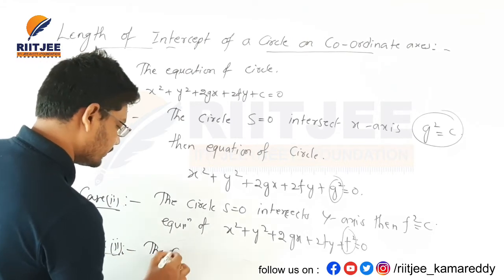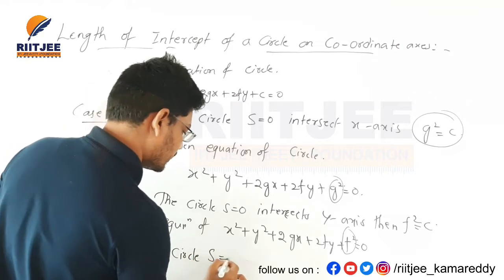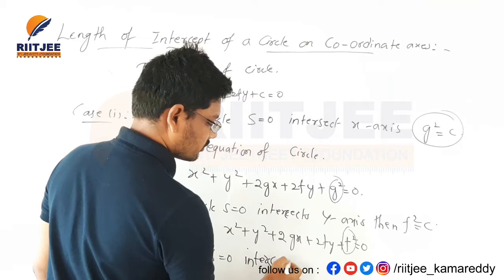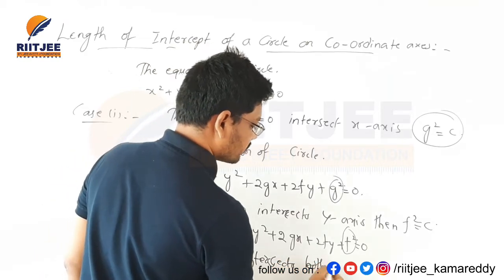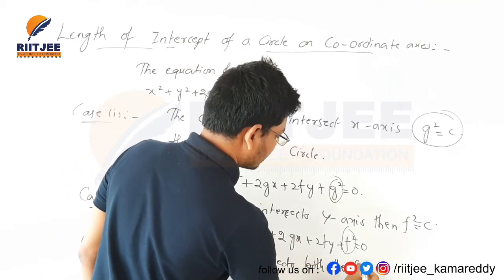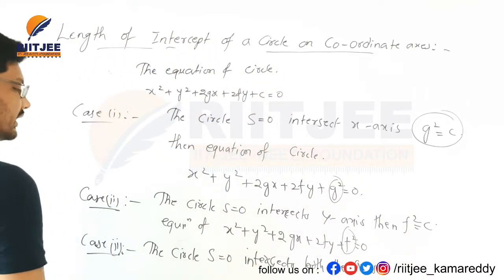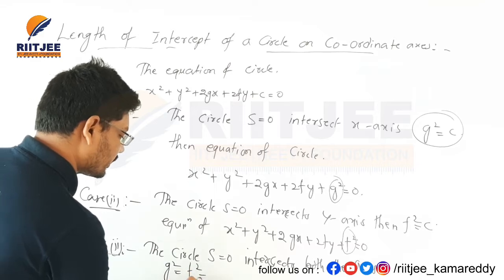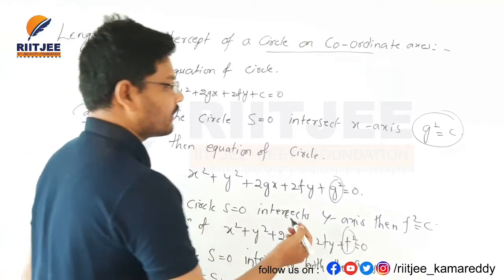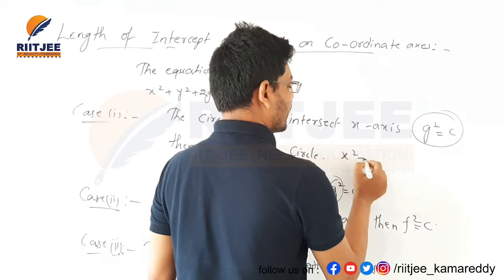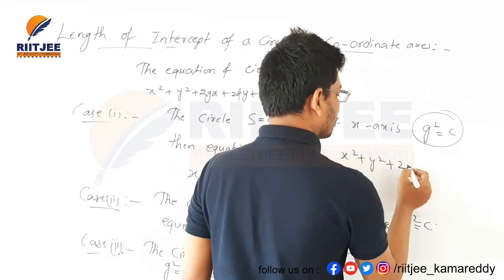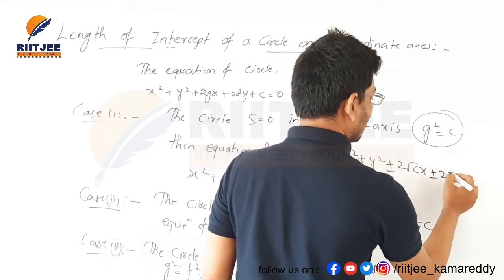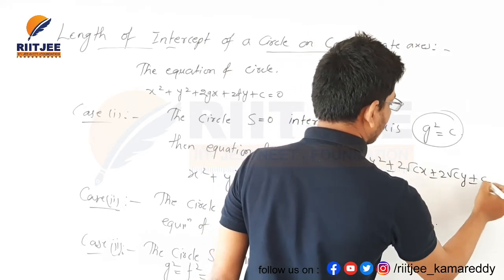The circle S is equal to 0 touches both the axes, then the condition is g square equal to f square is equal to c. Then the equation of circle will become x square plus y square plus or minus 2 square root of c x plus or minus 2 square root of c y plus c is equal to 0.